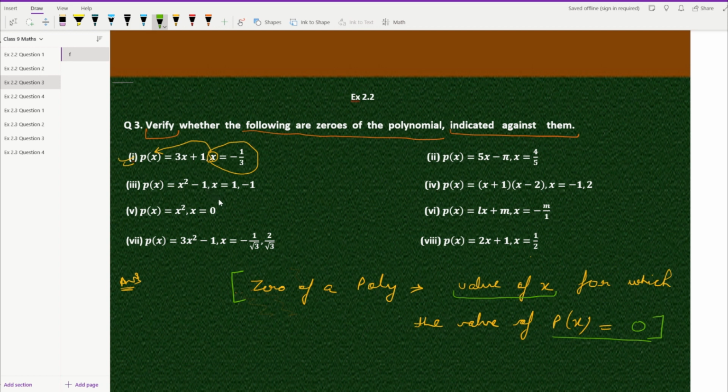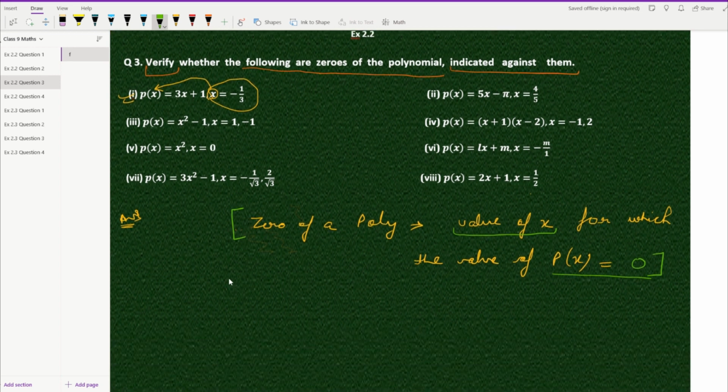Now with this definition, go to the first part. The first part is saying we have got a polynomial 3x plus 1, and we have to find out whether x equals minus 1 upon 3 is a zero of this polynomial.